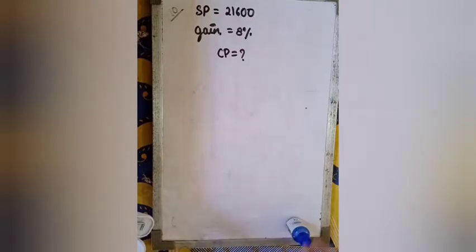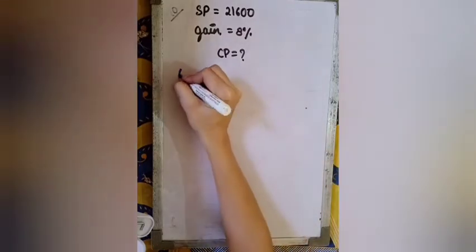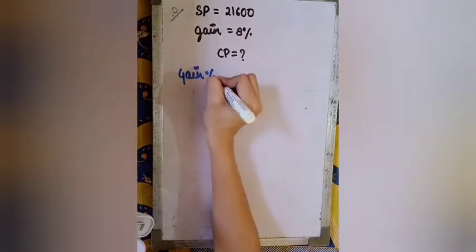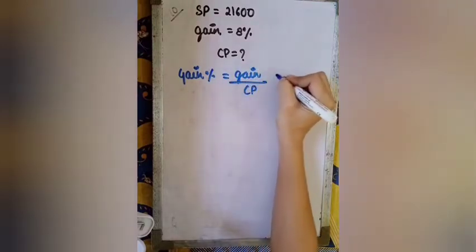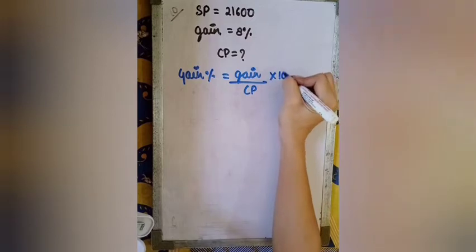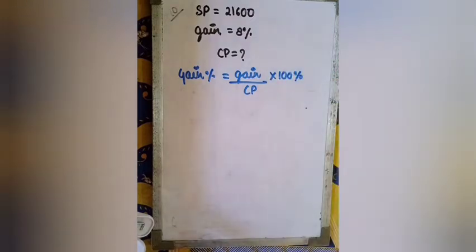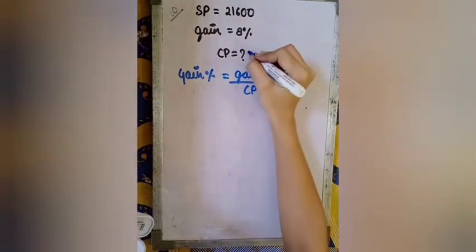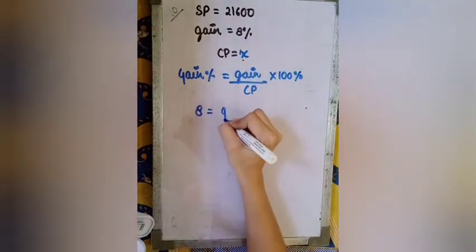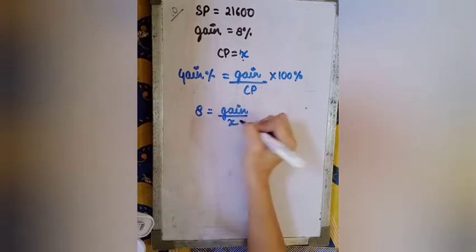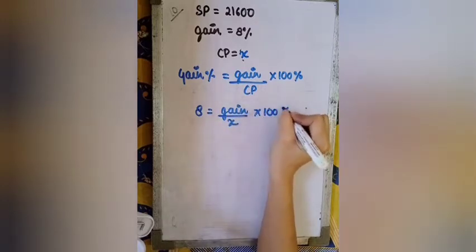Now first of all, tell me the formula of gain percent. We know gain percent equals gain upon CP into 100%. Let the CP be X. The gain percent is 8, so 8 equals gain upon X into 100%.